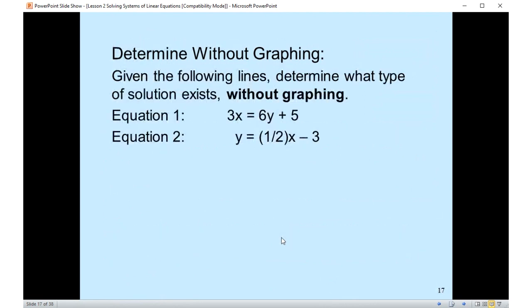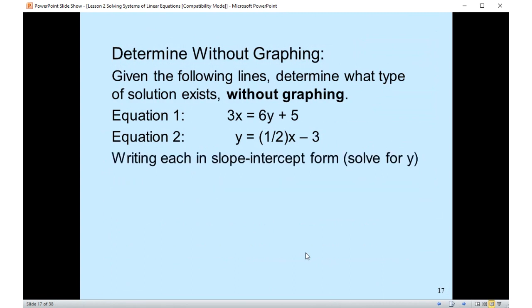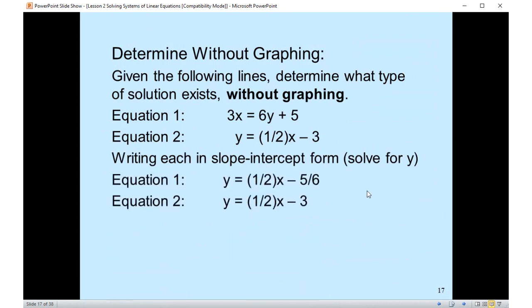So let's determine this one without graphing. You're first going to get y by itself. So pause the video and do that, and then check your answers. Here are two equations that you get.